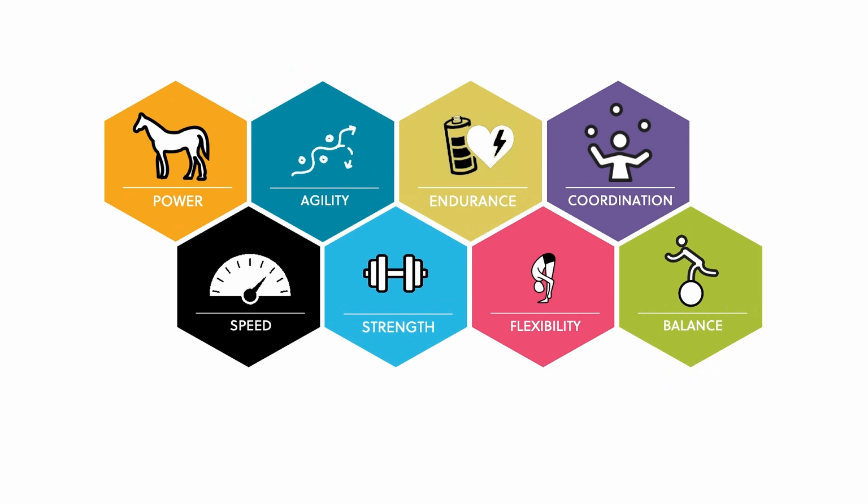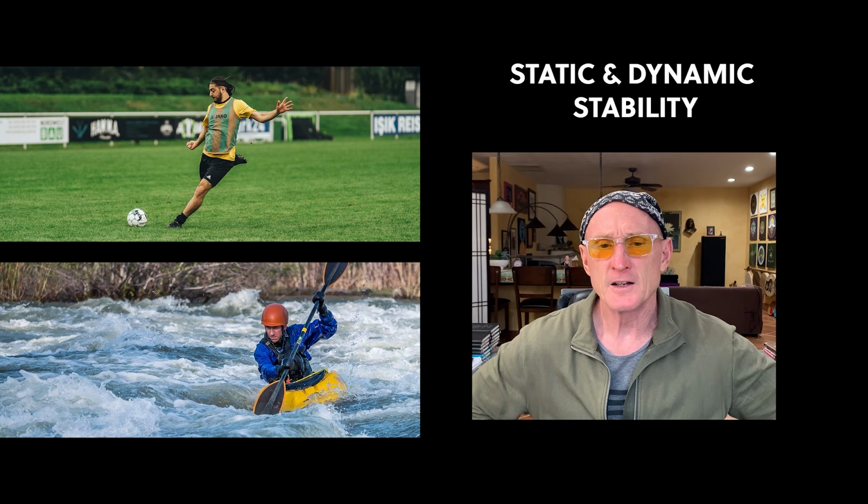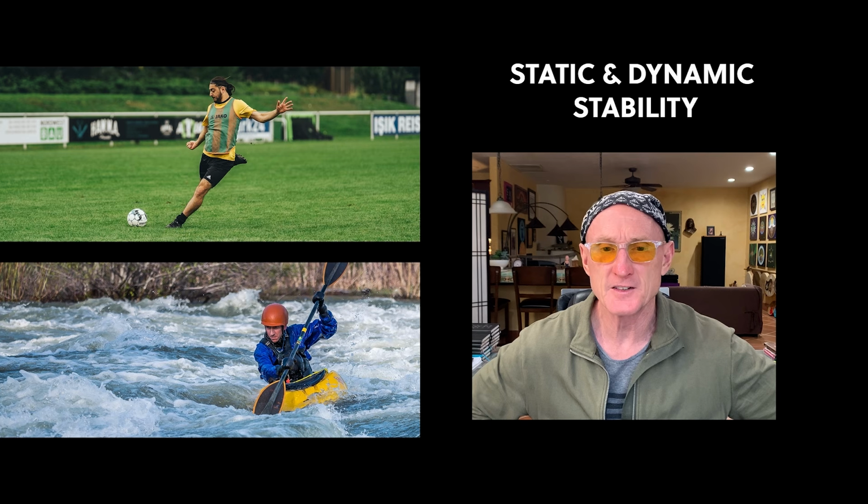So, for example, you can see my picture of a soccer player about to kick the ball. The stance leg is creating static stability. He's anchoring himself in order to explosively swing his kicking leg dynamically.